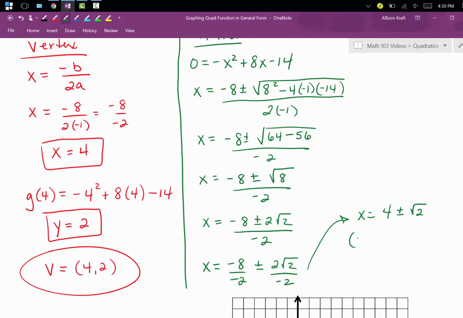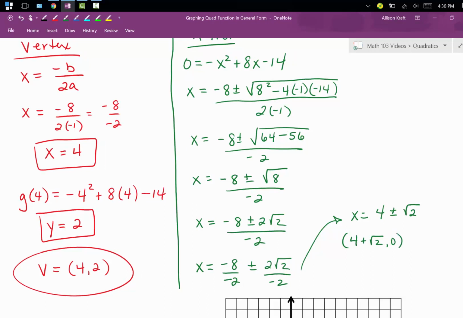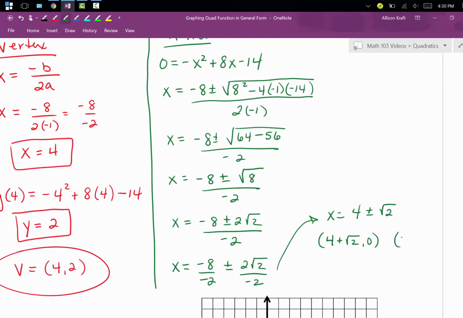We end up with 2 x-intercepts: 4 plus the square root of 2, comma 0, and 4 minus the square root of 2, comma 0. To graph this, you're going to want to get a decimal approximation. When stating the intercepts, though, you want the exact answer.